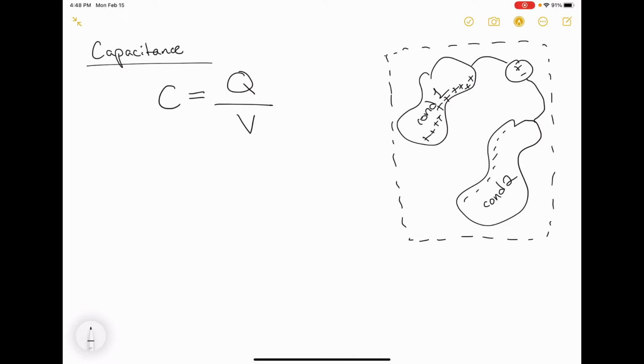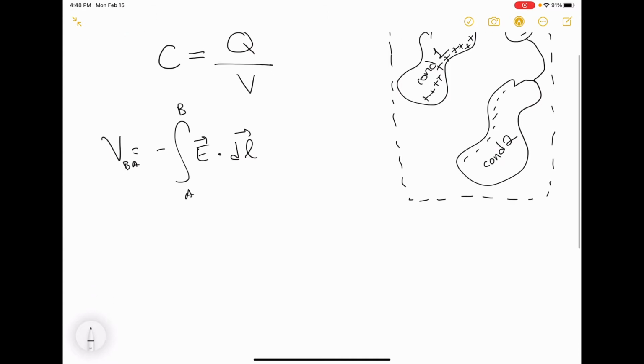But we also know a definition for the voltage, in that it is the path integral of the electric field between 2 points. So then you could write the capacitance as the charge divided by this path integral definition of the voltage.